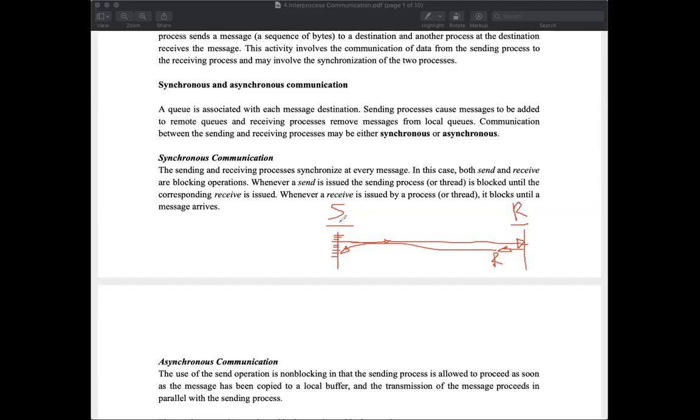It's like ensuring the receiving of that message to the sending process. During that time, there won't be any execution in that user program.